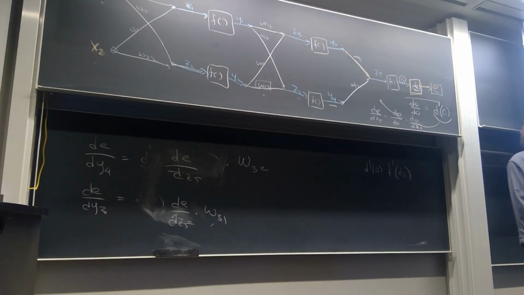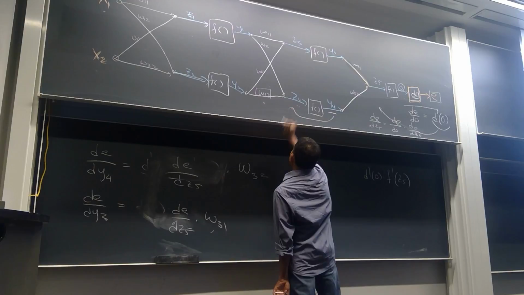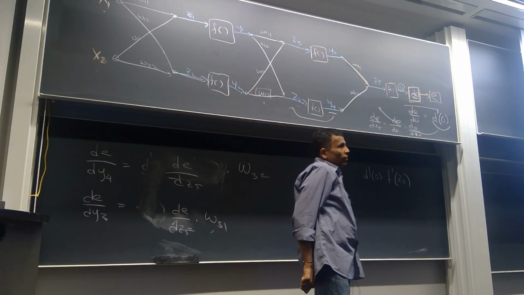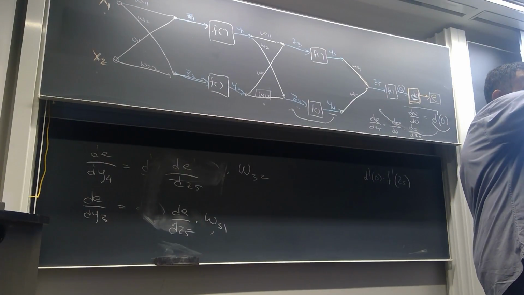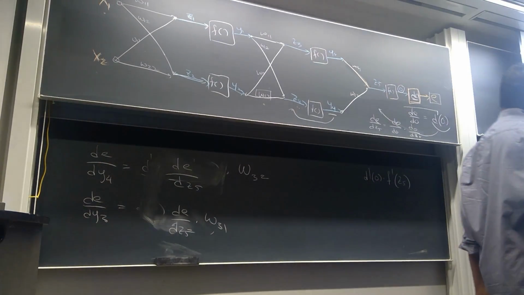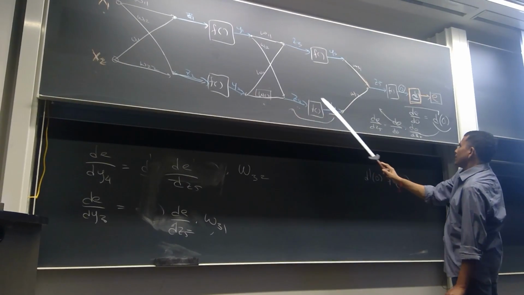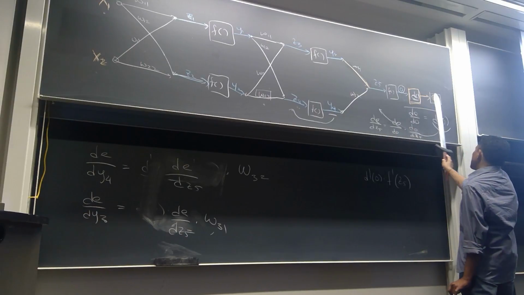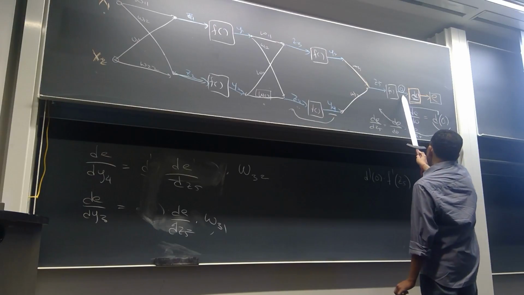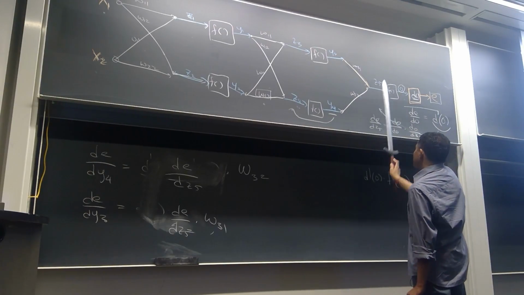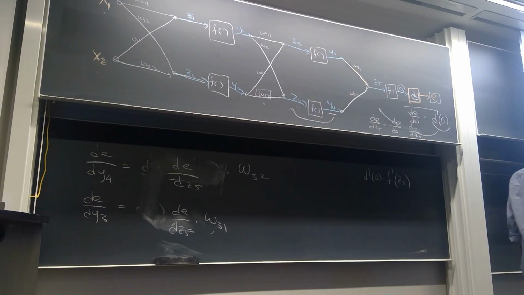So now I can go back and I can compute the derivative with respect to Z4. How would I do that? Again, I can follow the chain backwards, right? And if I follow the chain backwards, what is the chain of influences over here? Z4 influences Y4, influences Z5, influences O, influences E. So if I work my way backwards, the derivative of E with respect to Y4 times the derivative of Y4 with respect to Z5 times the derivative of Z5 with respect to Y4 times the derivative of Y4 with respect to Z4.